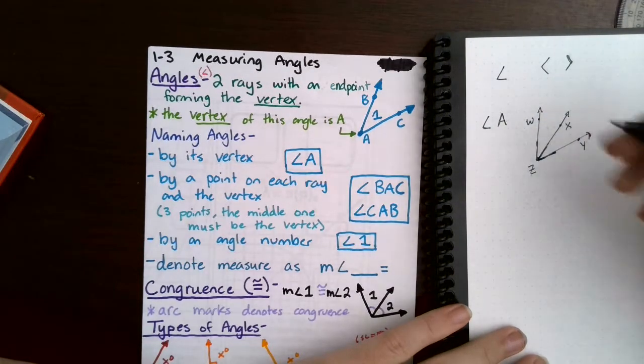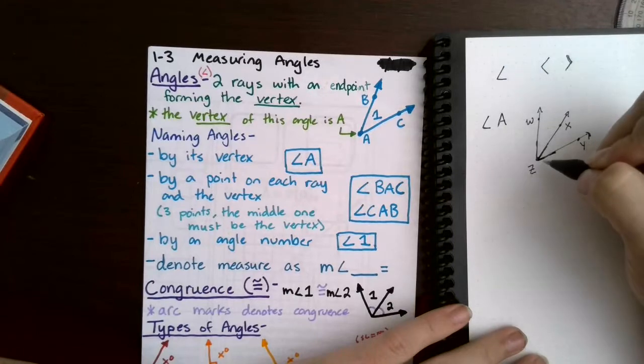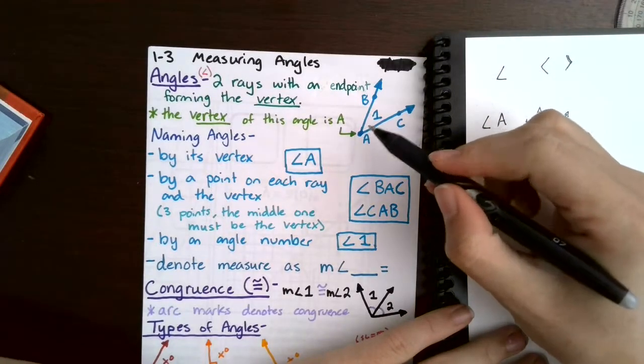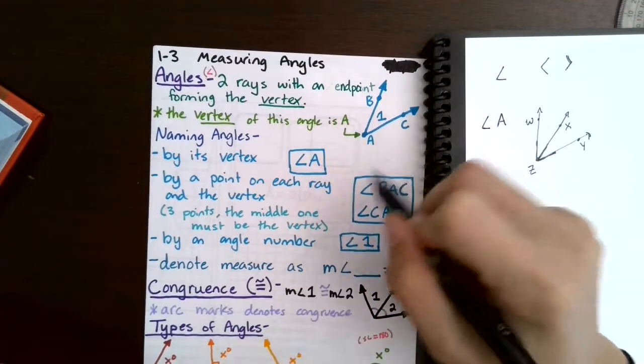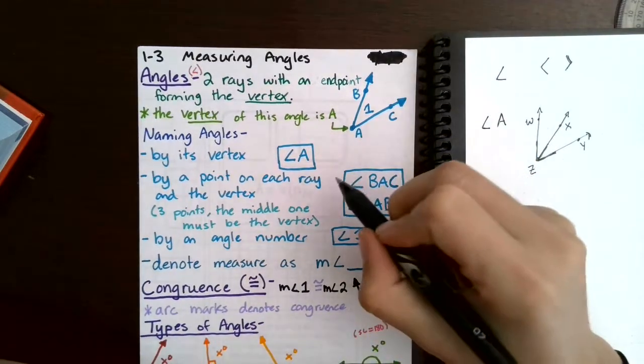There's no telling what you're talking about when you just say angle Z when you do it like this. You can only do it when it is very clear that there's only one angle based on that vertex, which is why the second naming scheme comes in very handy.